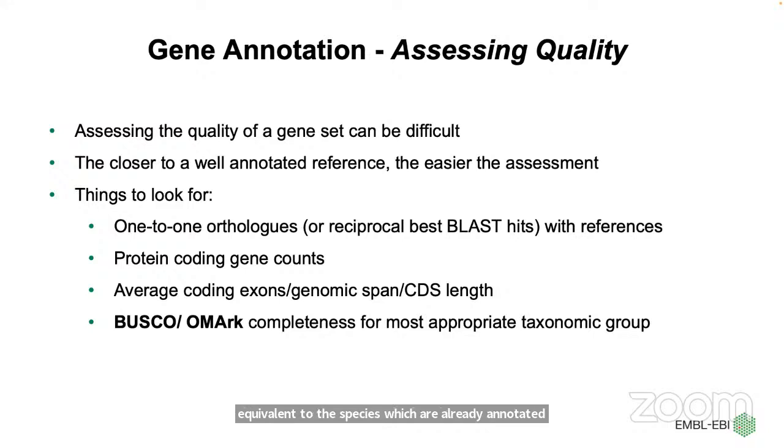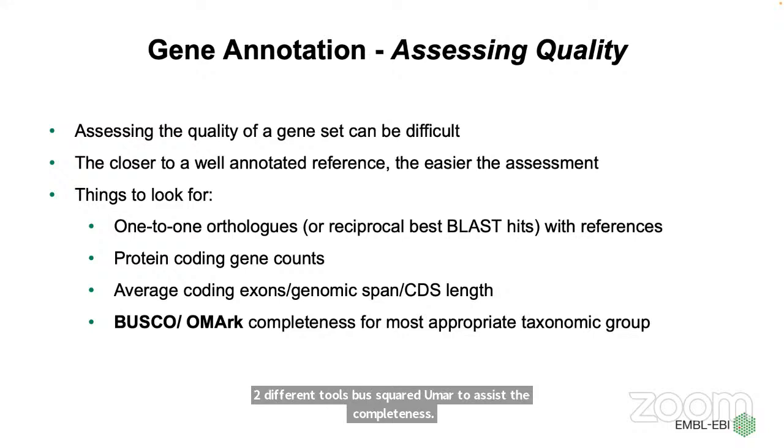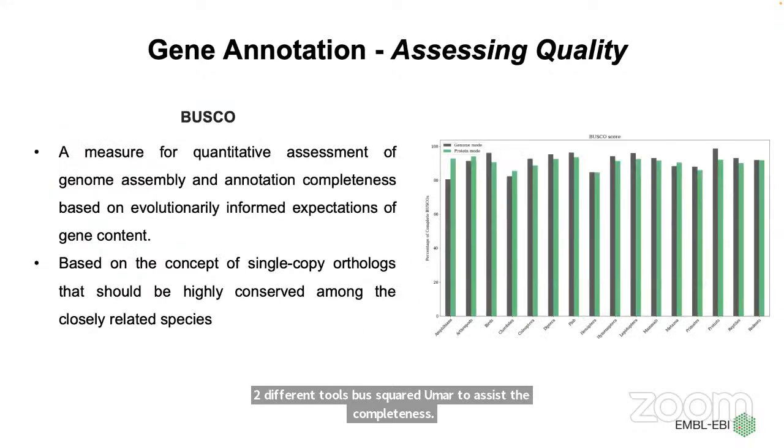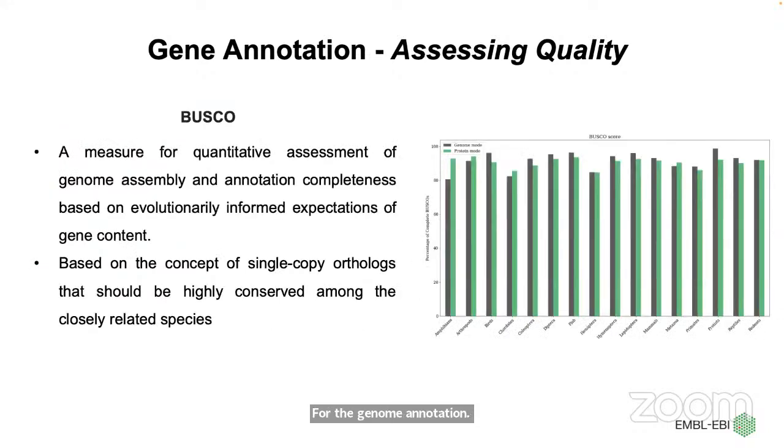In addition to these simple stats, we also use two different tools, BUSCO and OMArk, to assess the completeness of the genome annotation. So BUSCO, as you know, is a method to assess the genome annotation quality and completeness. It uses single copy orthologs from defined taxonomic clades.